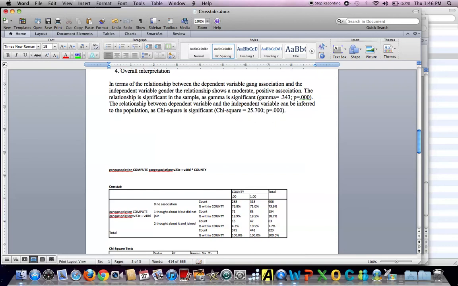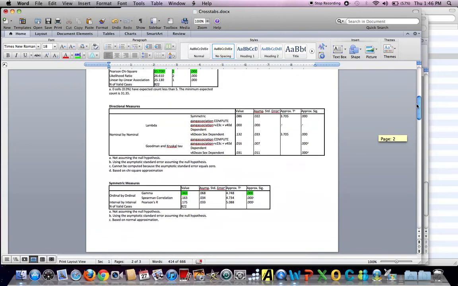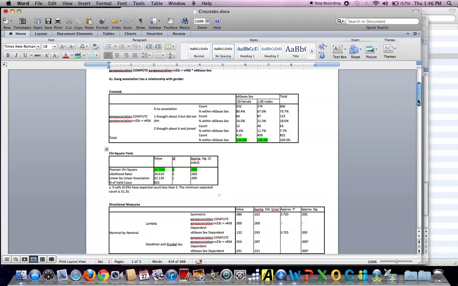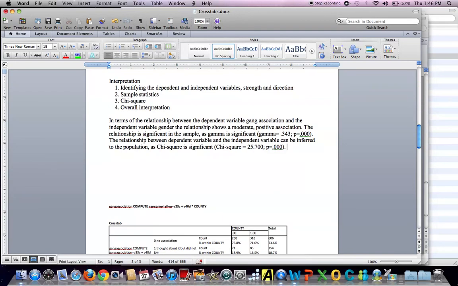The last thing you want to do is your overall interpretation, and you have to understand how to read direction at this point. We know that this is a positive relationship, so you look at high versus high, or low versus low.